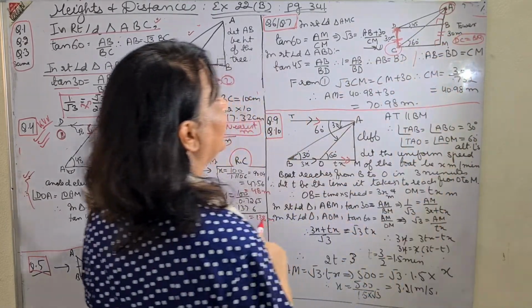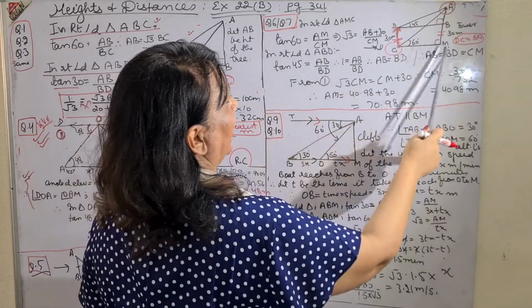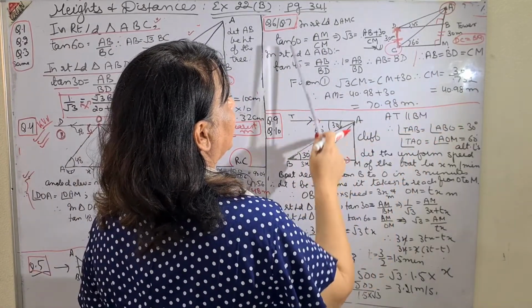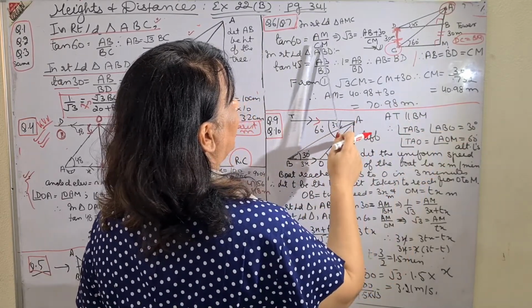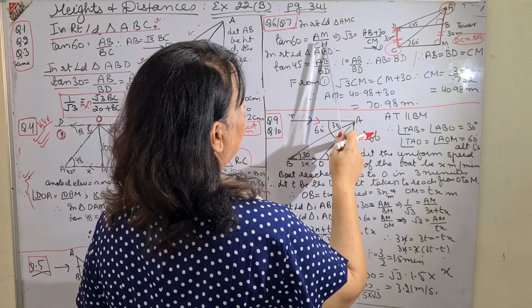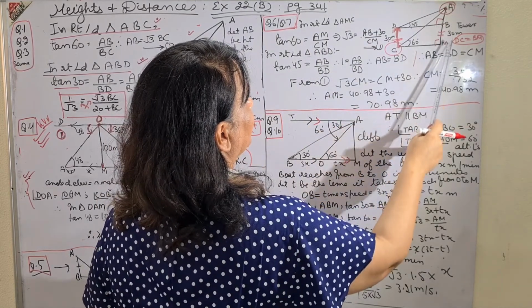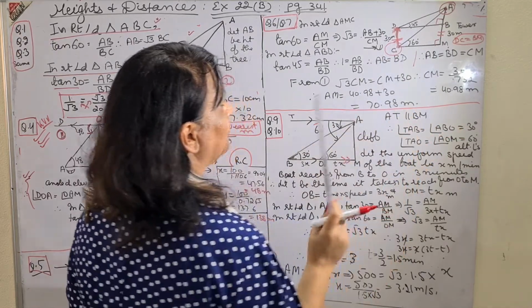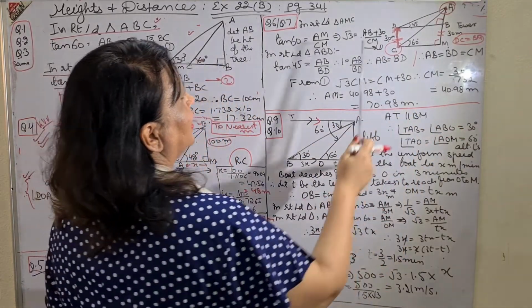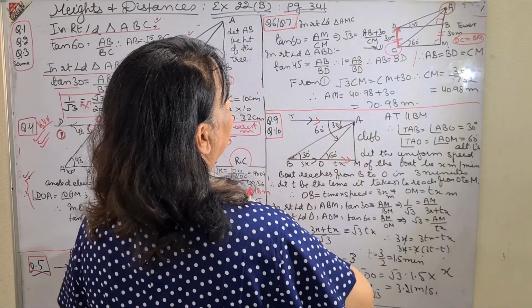Now in right angle triangle AMC, tangent 60 is equal to AM upon CM, perpendicular over base, tangent 60 is root 3. AB you don't know, but BM you know, because BM is equal to CD, opposite sides of the rectangle. Please mention it, it carries marks. So AB plus 30 upon CM, this is your first equation.